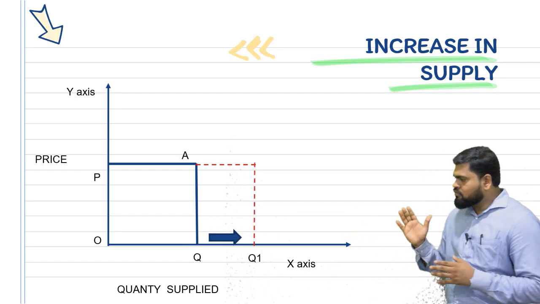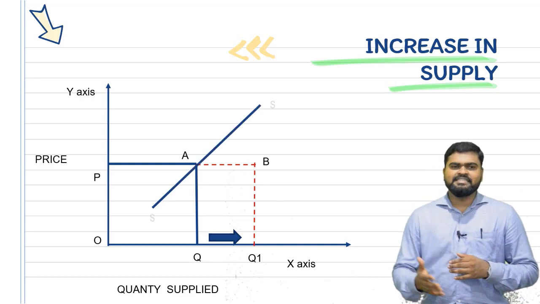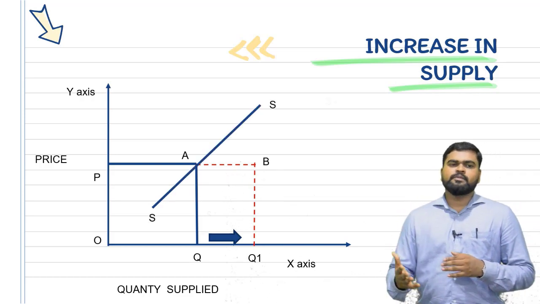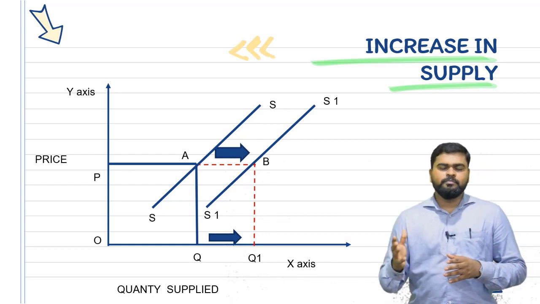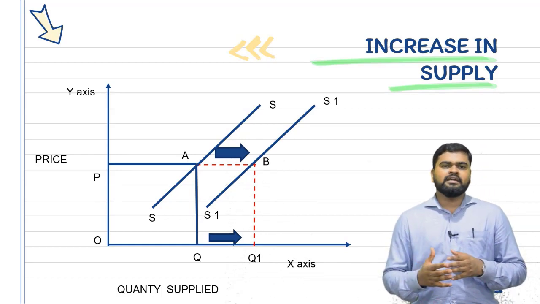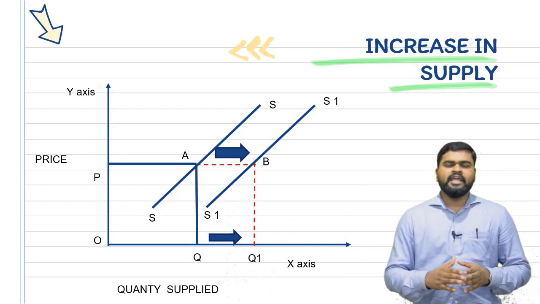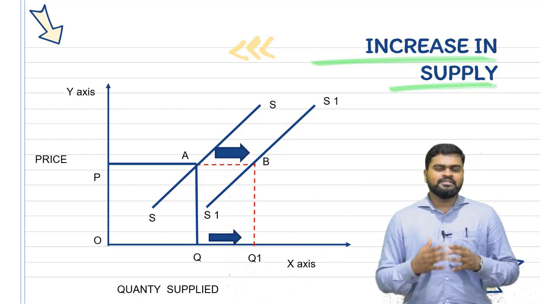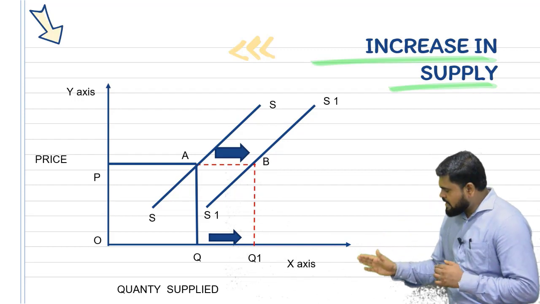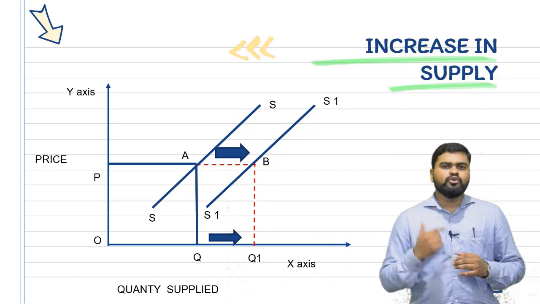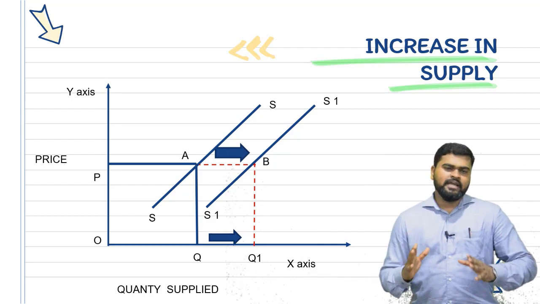We have a forward shift in supply curve. The original supply curve was SS, and we have the new supply curve S1 at point B. We have a forward shift in supply curve from point A to point B. So it simply says that price remaining constant, that is OP, quantity supply increases from OQ to OQ1 due to changes in other factor other than price.